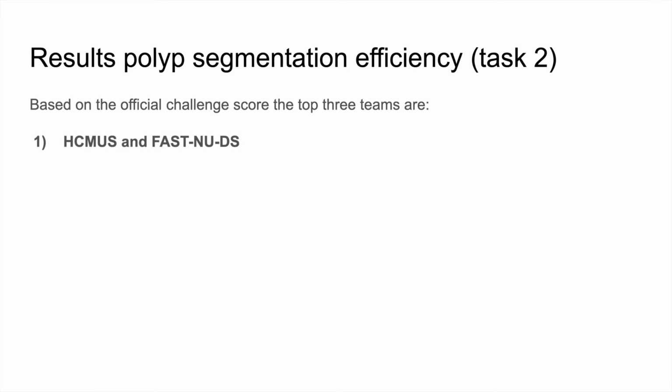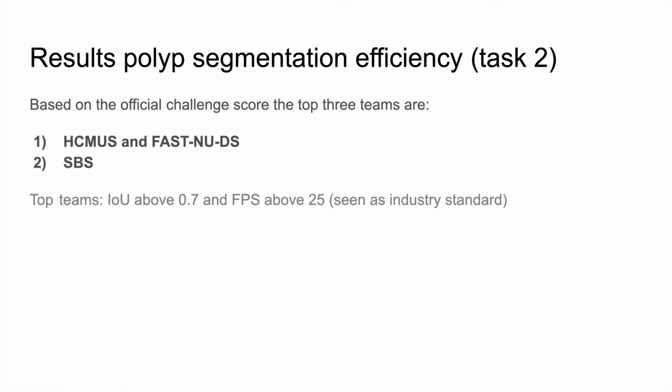The results for the polyp segmentation efficiency are presented now. The best teams, sharing number 1, are HCMUS and FAST-NUDS, followed on the second place by SBS. The top teams have an IOU above 0.7, which we used as the threshold, and frames per second of about 25, which is used in industry as the standard.